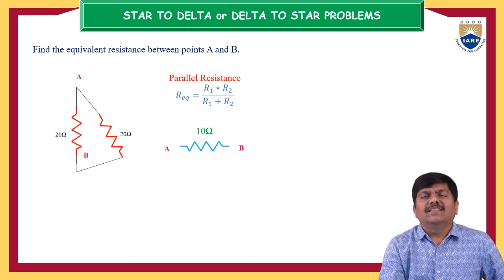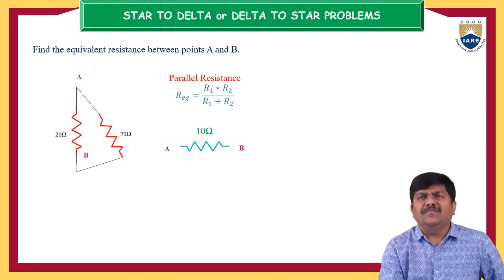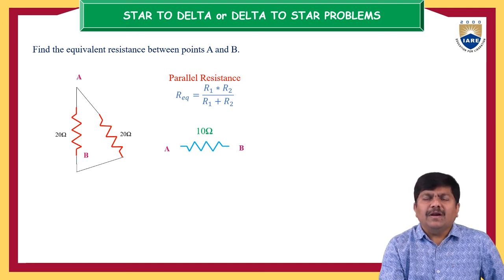So finally, the equivalent resistance between point A and point B is nothing but 10 ohm. Otherwise, without taking the star to delta transformation technique, solving this particular problem is very, very laborious. So the importance, the effectiveness of this transformation technique we have highlighted in this video session.